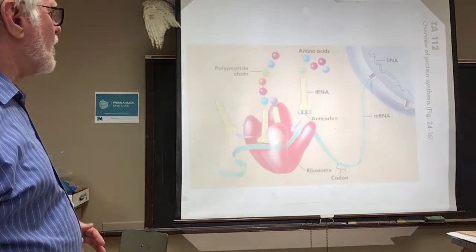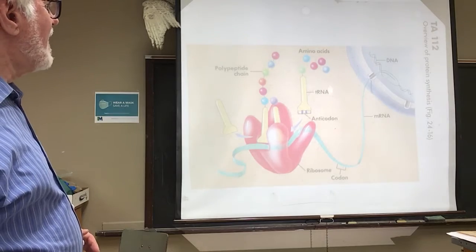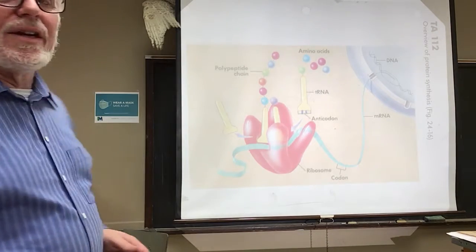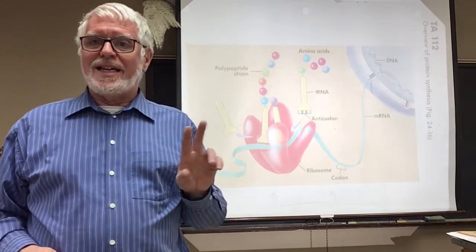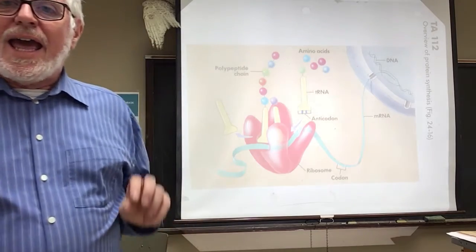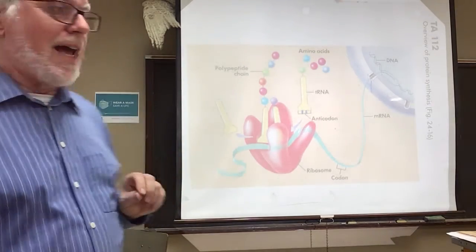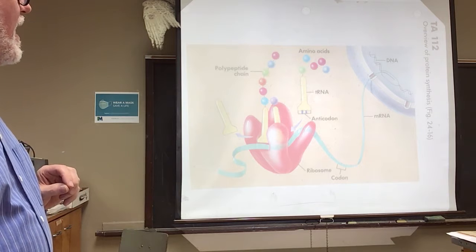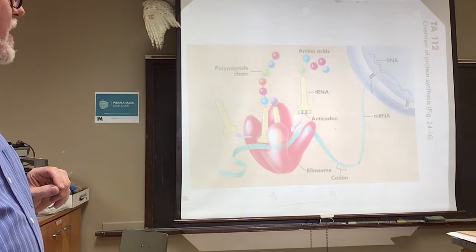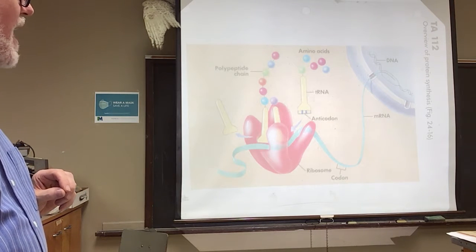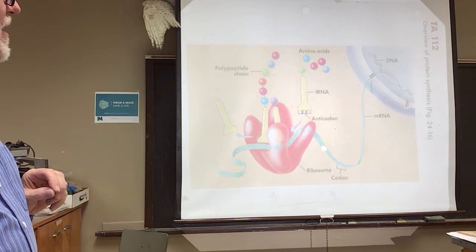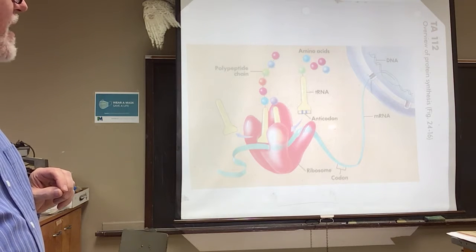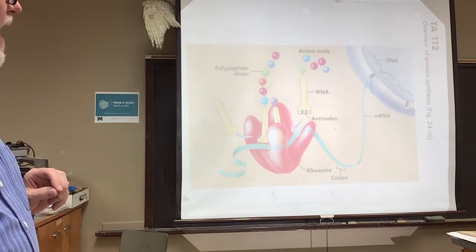As this feeds through, you have these little molecules called transfer, little t, RNA. And each transfer RNA has a 3 amino acid sequence on this side. Here's your codons in your RNA. Here's your anticodon in your transfer RNA.